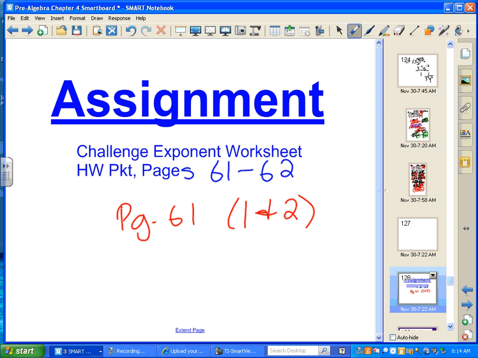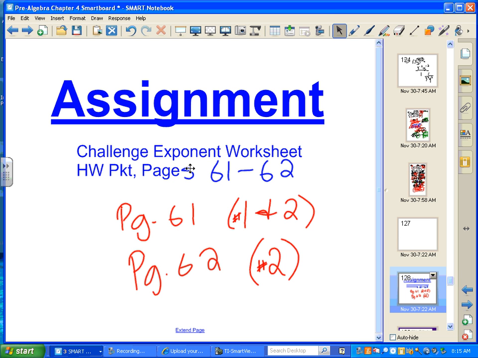It's up to you. If you write big, yes. Okay, on page 62, I want you to try number 2. The other is it's on the back.